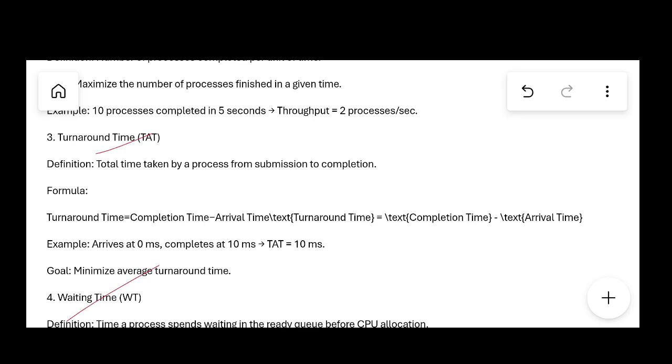Low TAT means processes finish quickly, but there is a catch. If we only focus on TAT, we might give all the CPU to short processes and ignore long ones. So smart scheduling balances TAT for all processes.